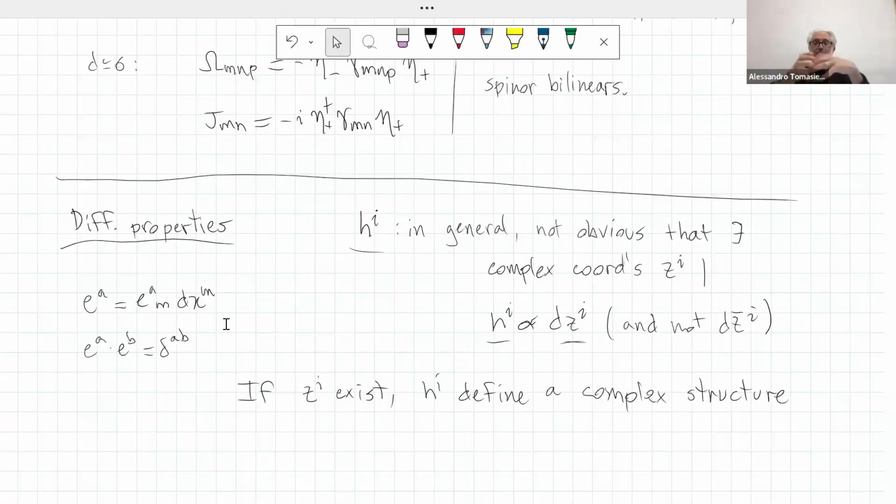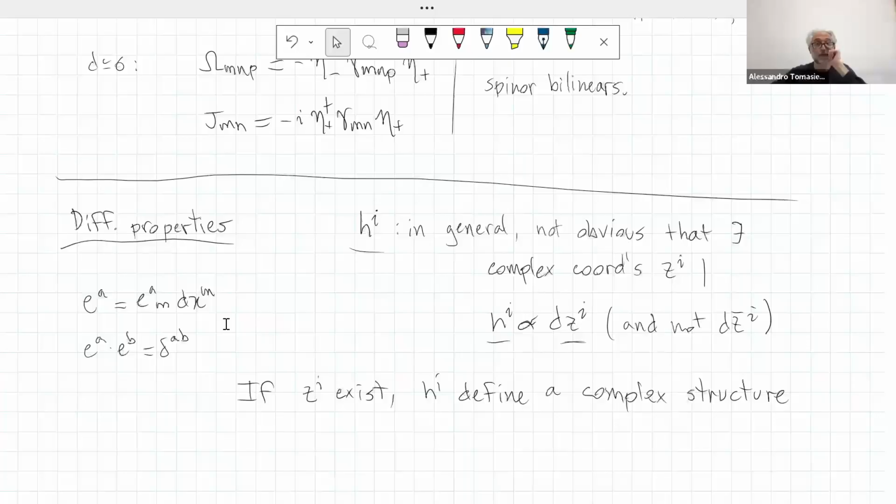We were using transition functions as smooth functions from the x^m alpha on open set U alpha to the x^n beta on the open set U beta, and we only imposed that the transition functions be smooth. But from a function being smooth to a function being holomorphic, there's a big difference.